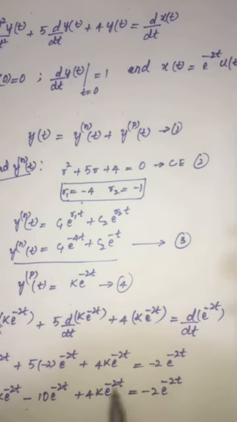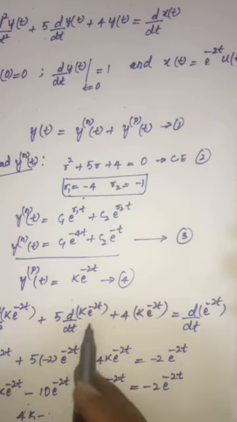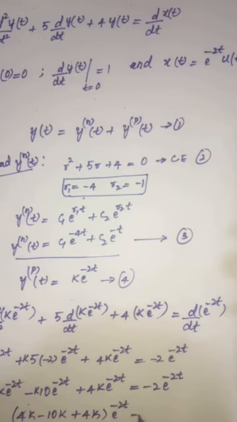Earlier what did we do, we put t as 0 there, right? Now what to do is, e to the power of minus 2t is common on both sides. Therefore taking e to the power of minus 2t common, here 4k minus, k had come here, where did k go, okay, I'll write k here. Therefore minus 10k plus 4k into e to the power of minus 2t is equal to minus 2 into e to the power of minus 2t.